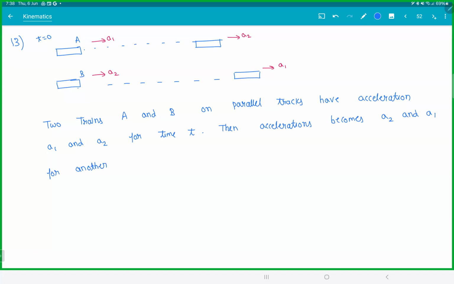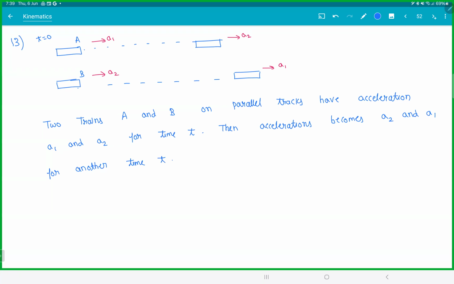Train A is going with 1 meter per second, B is going with 3 meter per second for 1 hour. Then A goes with 3 meter per second, B goes with 1 meter per second for another 1 hour. So total they travel for 2 times, 2T.